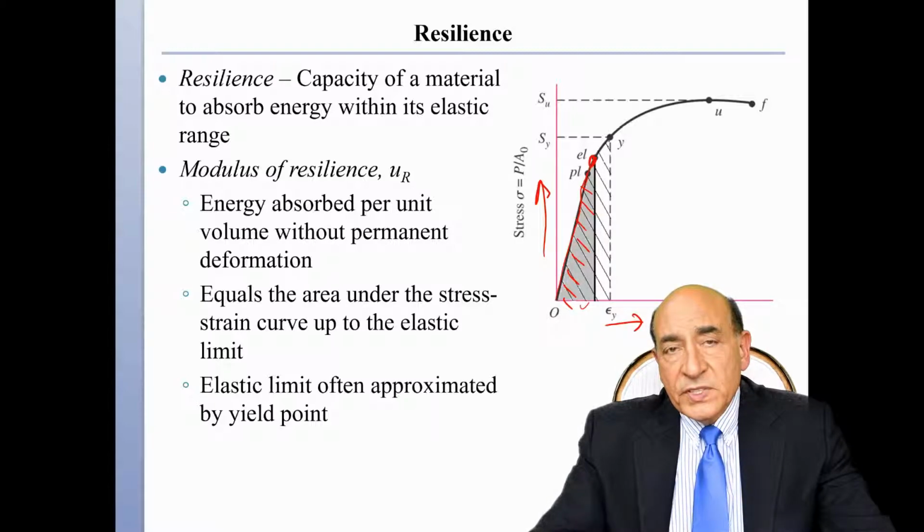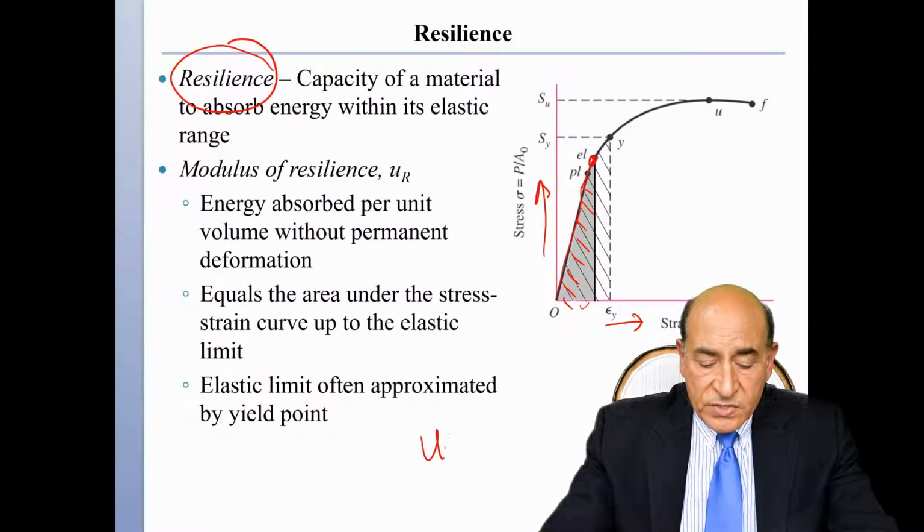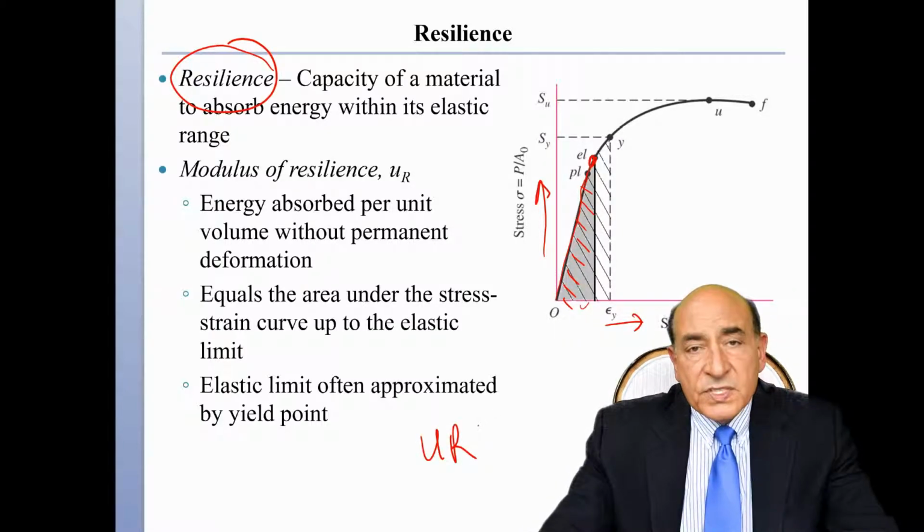And the energy per unit volume in this case is an elastic energy that is absorbed. If I remove the load, then the material goes back to original shape, and we will define this as the resilience. So the modulus of resilience, U sub R, is the area.